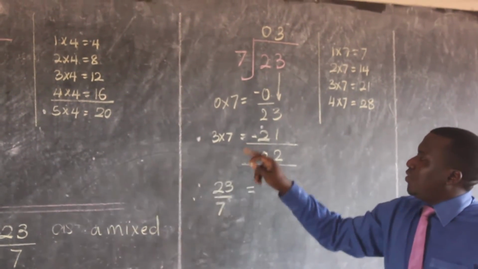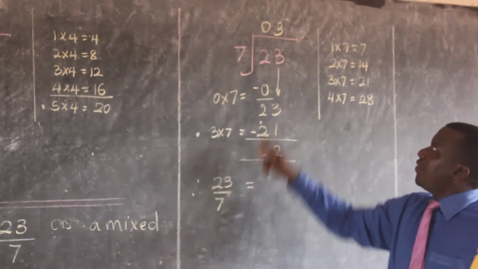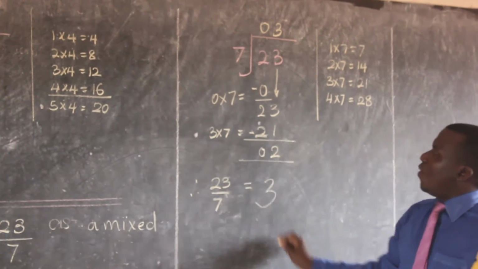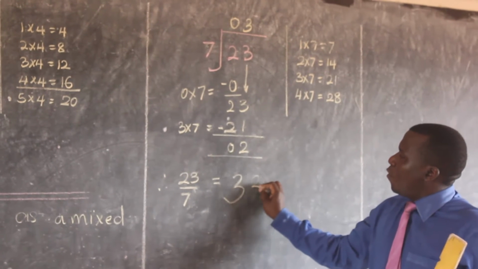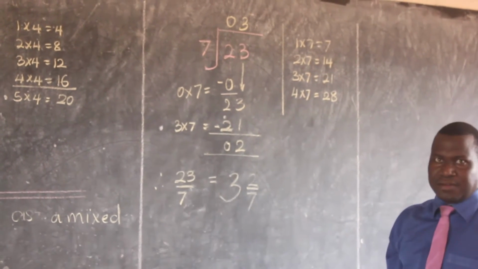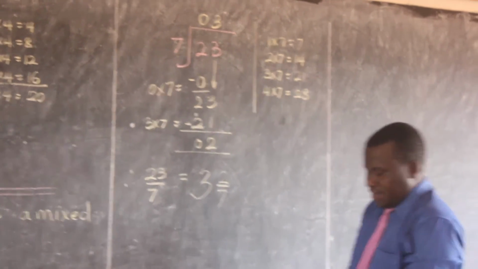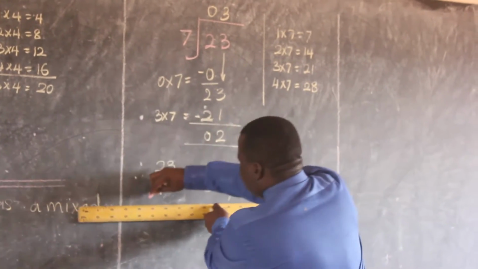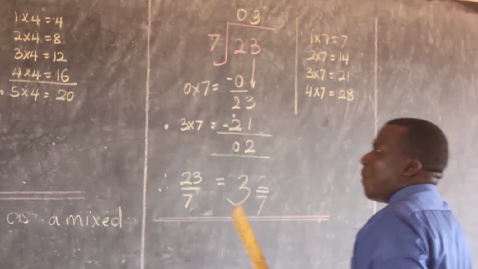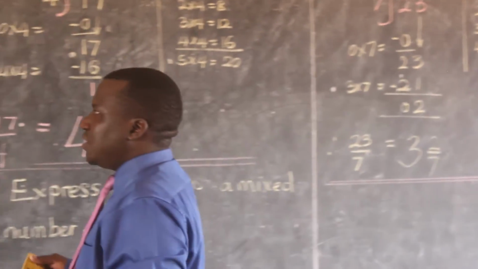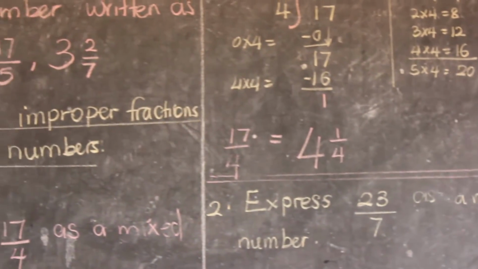So 23 goes into 7 3 times, of 21, remainder 2 out of 7. All together? So that is how we express improper fractions as mixed numbers.